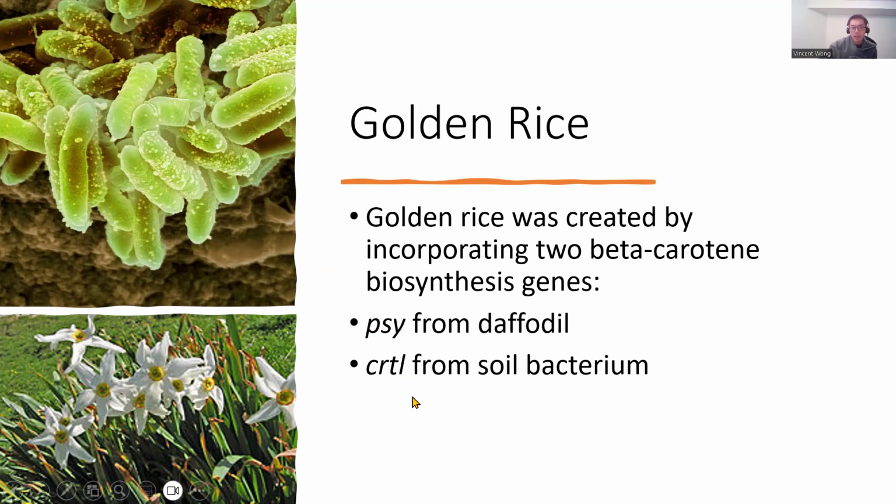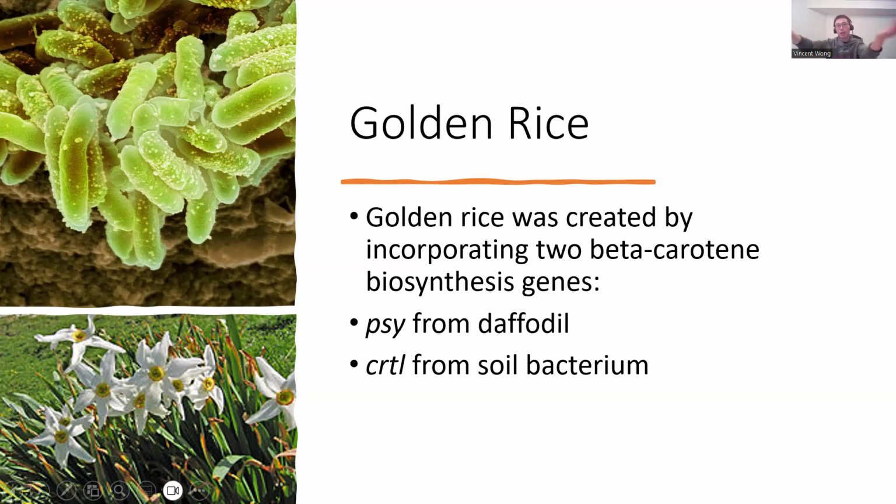So scientists extracted those genes and put them into regular rice plants, and you have a recombinant DNA. In this case, the DNA contains genetic material from 3 different sources: the rice, the daffodil, and the bacteria, and it allows the rice to produce beta carotene.